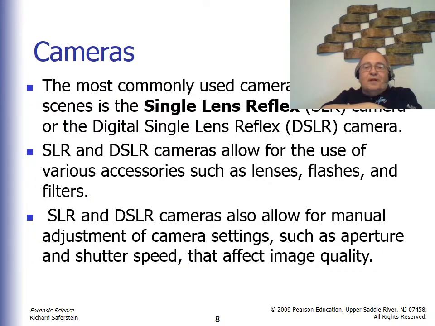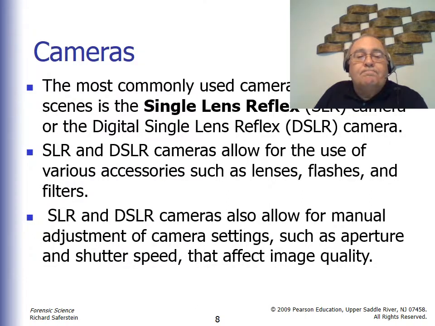The cameras that I said earlier that are being used now are the digital cameras called digital single lens reflex, or DSLR, and you'll learn about what SLR means when we go through the anatomy of cameras. The thing about these SLR and DSLR cameras is they allow you to use various accessories.